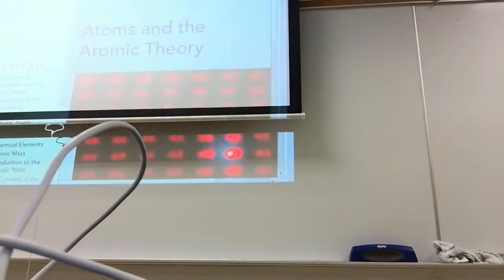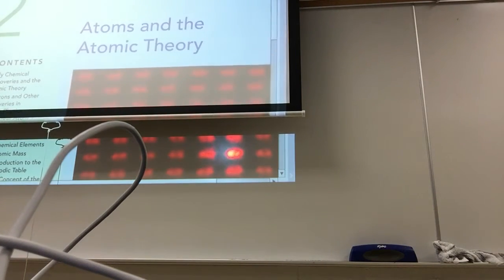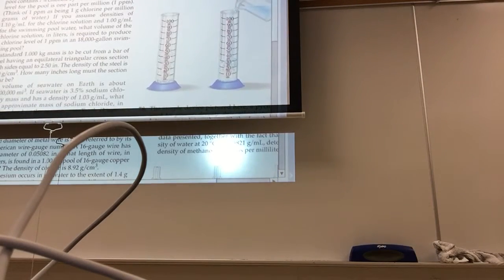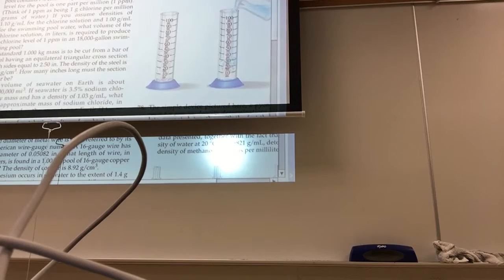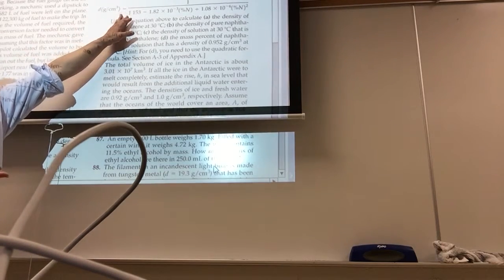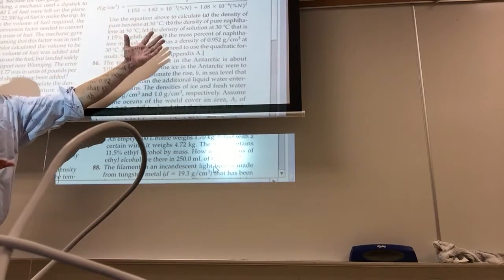And so as a working scientist, what you do is you collect data, you come up with some kind of pattern, the pattern looks like this, and then you start wondering why this is.